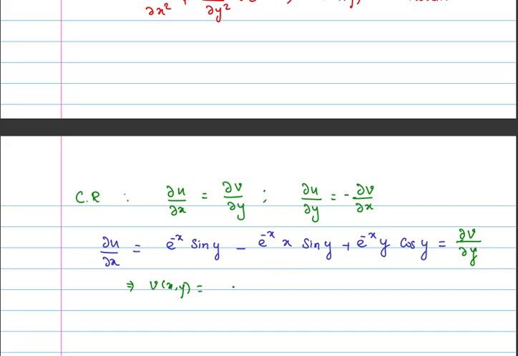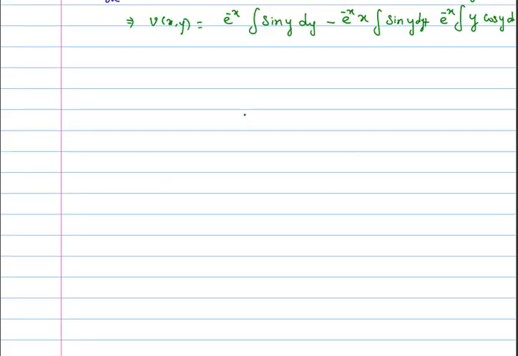So if you integrate, e^(-x) integral of sin y dy, minus e^(-x) times x integral of sin y dy, plus e^(-x) integral of y cos y dy. It's all with respect to dy only. Okay, so now I am going to integrate this first.